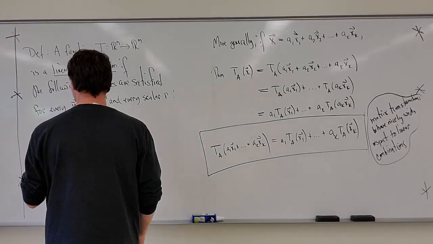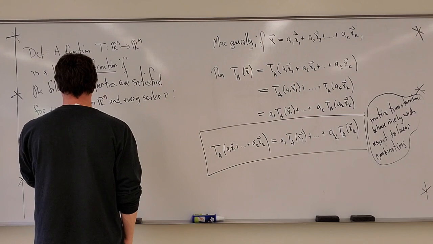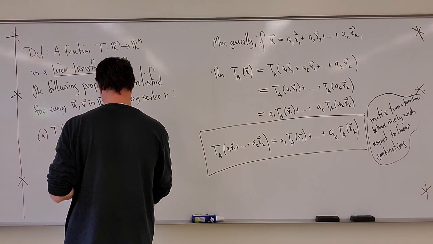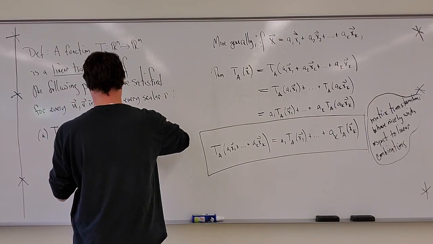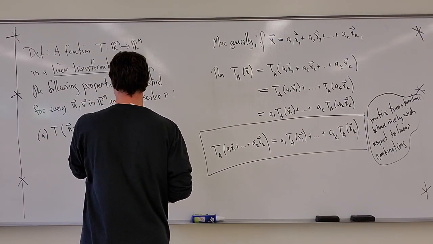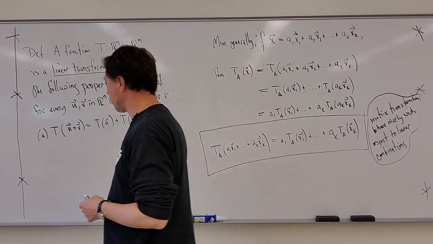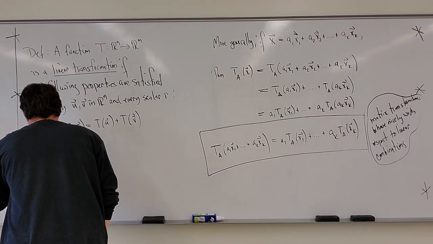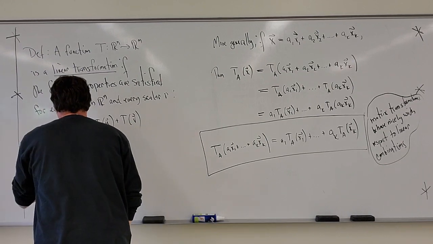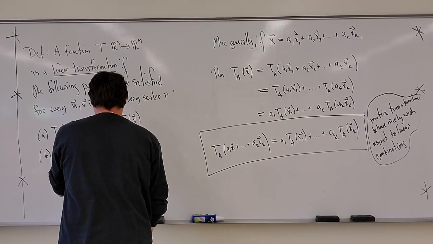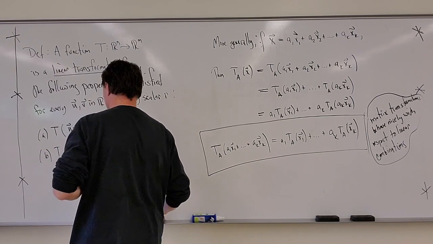Let's do it like this. So T of u plus v is equal to T of u plus T of v. So there's property A. And then property B, T of r times u is equal to r times T of u.